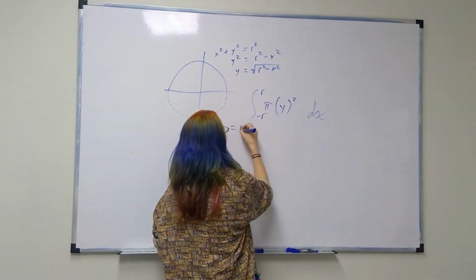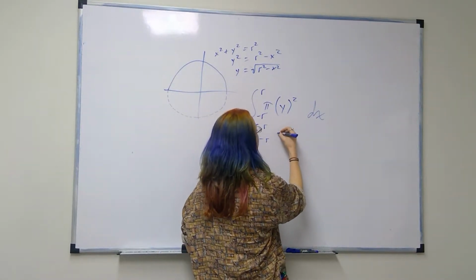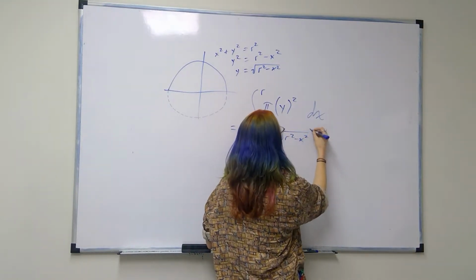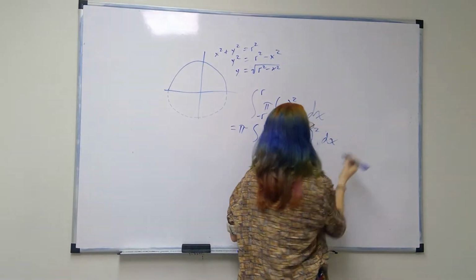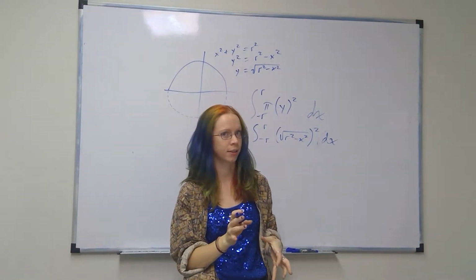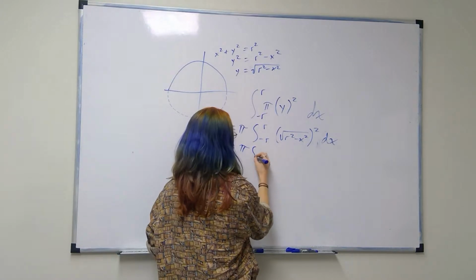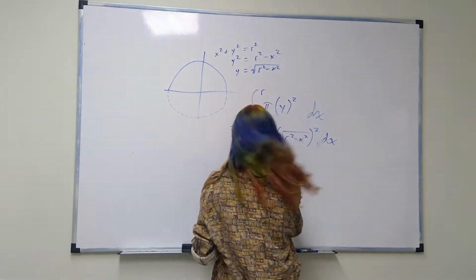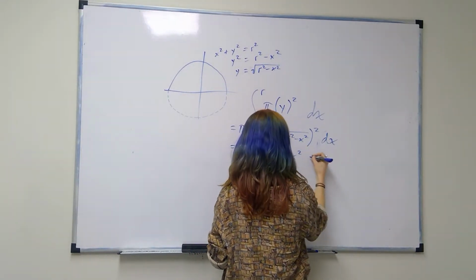And I can take that pi and stick it out here. And I can replace y with an expression that is equivalent to y, but involves x and a constant. R is a constant in this situation. Cool. And I love seeing the square root of a positive thing getting squared. That's cool, because it goes away.